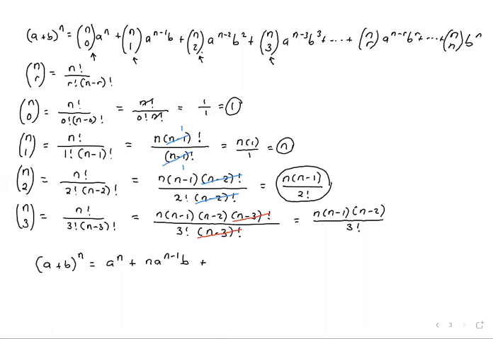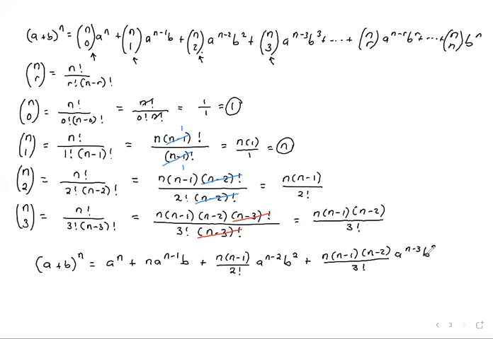So we have n(n-1) over 2 factorial a^(n-2) b^2, plus n choose 3 would be n(n-1)(n-2) over 3 factorial a^(n-3) b^3.